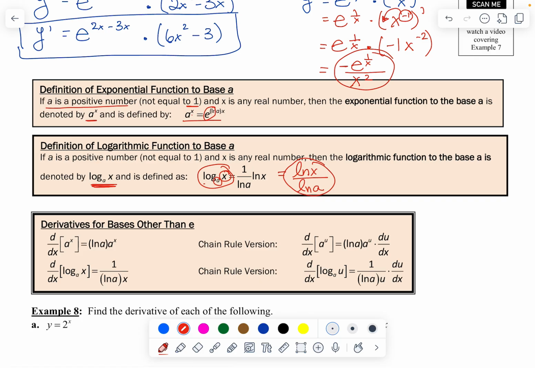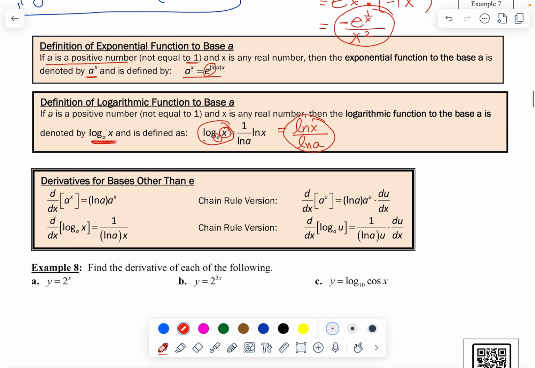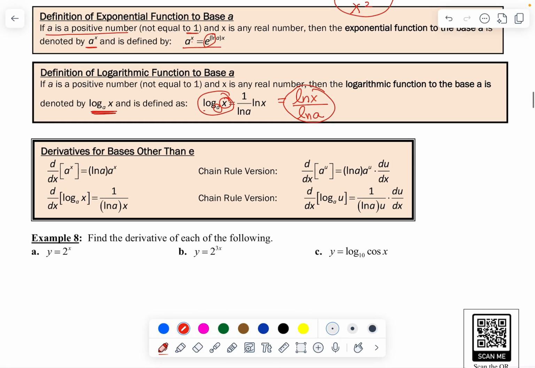Now, when you look at the derivatives for bases other than e, the derivative of a to the x is ln of a times a to the x. These are just things that you do have to memorize.